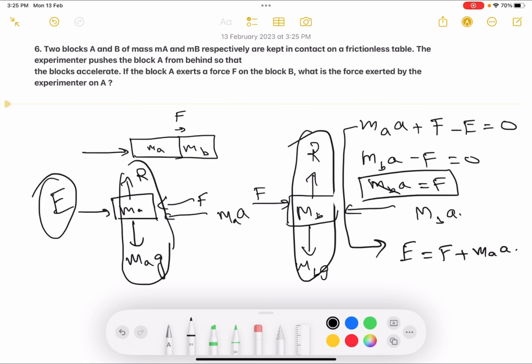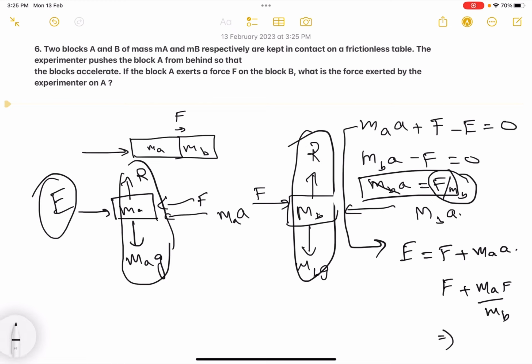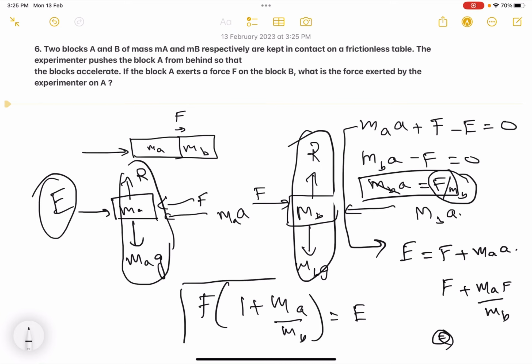You can replace A by F by MB from equation 2. So F plus MA into F by MB. This implies if you take F common here, 1 plus MA by MB is equal to E. This is the final answer.